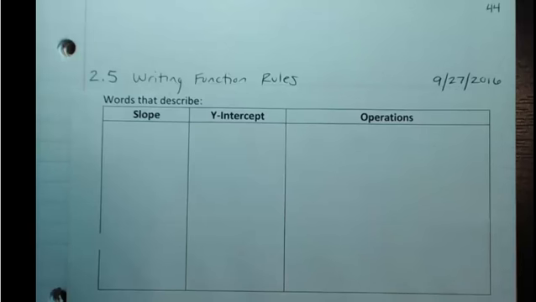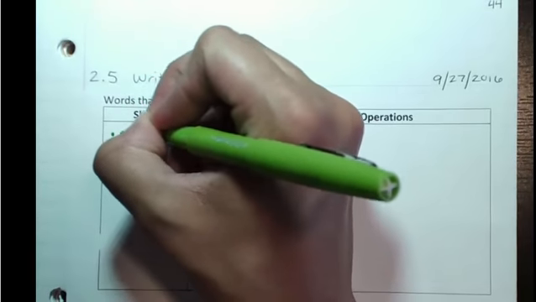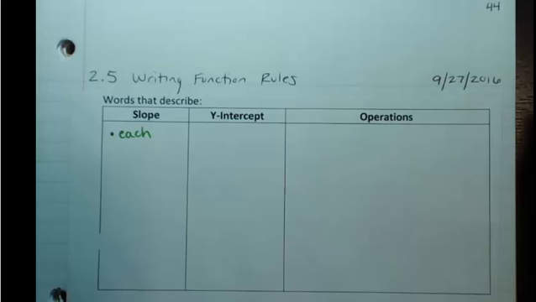Okay, slope, again, is the same thing as our rate of change. So if I talk about some examples, let's say each topping on the pizza costs 50 cents. Okay, that'd be considered the slope because it's a rate of change. Every topping we get, it's 50 cents more. So the word there that I know would represent slope is each topping.